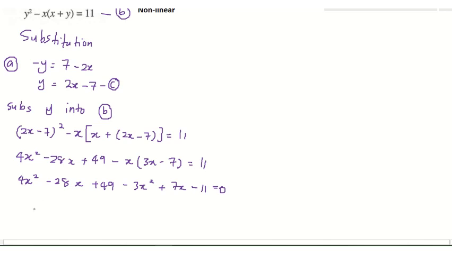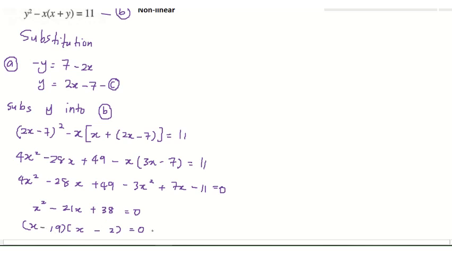Then your equation will be x squared minus 21x plus 38 equal to 0. Factorize: equal to x minus 19 and x minus 2. 19 multiplied by 2 gives 38, and to get 21, it is negative 19 minus 2.